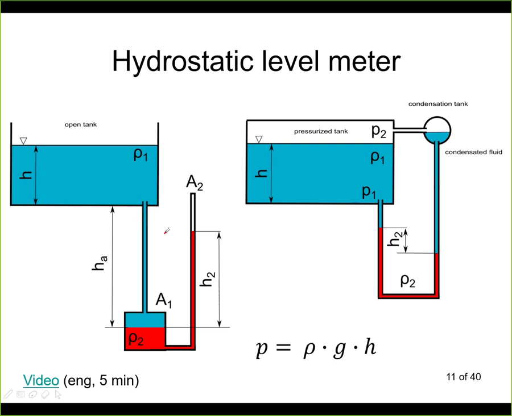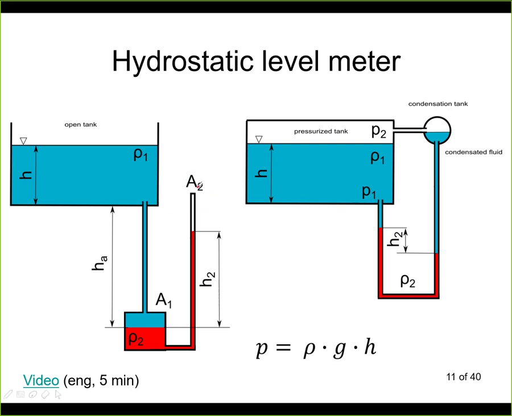What to do if you have a pressurized tank? In a pressurized tank, the arrangement is very similar. We want to measure the liquid level height, so we need to measure the hydrostatic pressure. But in this case, our reference pressure is not the barometric pressure, as it was the case here.